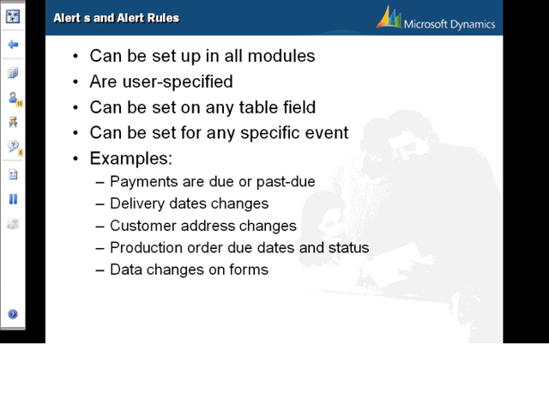Microsoft Dynamics AX provides the capability for users to stay informed on the condition of their business by using alerts. Users can set up alert rules in all modules of Microsoft Dynamics AX.